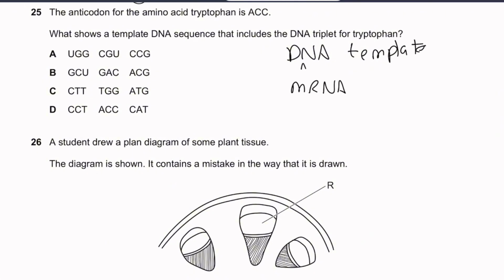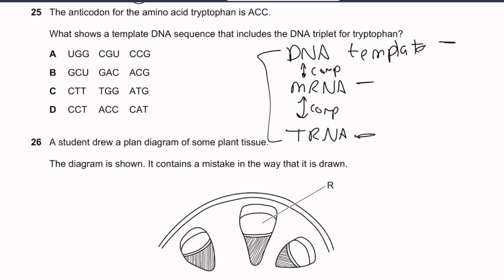So these are complementary to one another. And then mRNA is going to be translated by tRNA. So mRNA is complementary to tRNA, and since tRNA is complementary to mRNA and mRNA is complementary to the template, these two are practically the same, except that this is RNA and this is DNA, which means that uracil is changed into thymine and thymine into uracil.